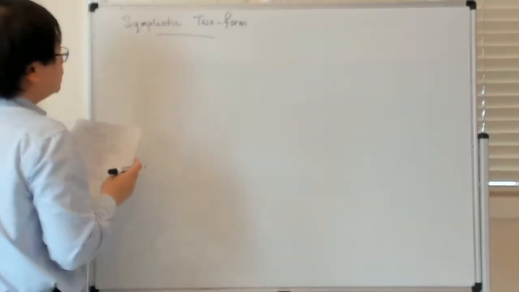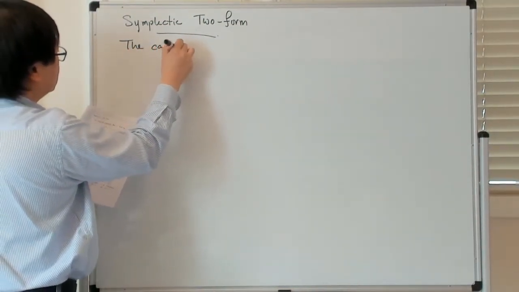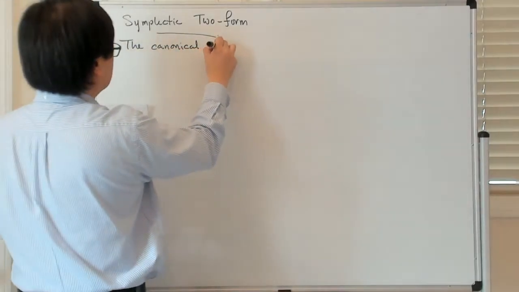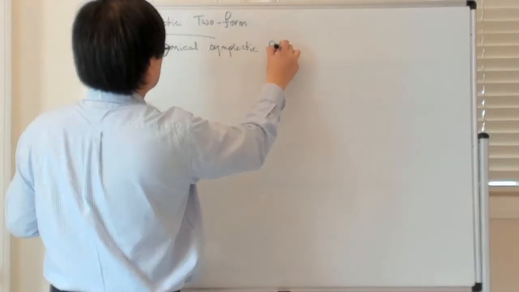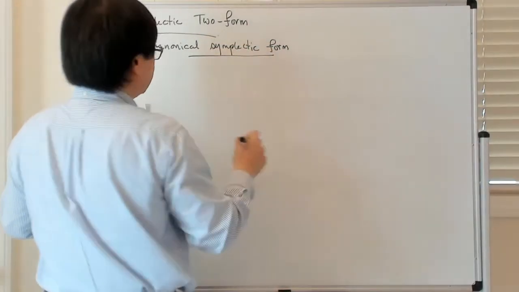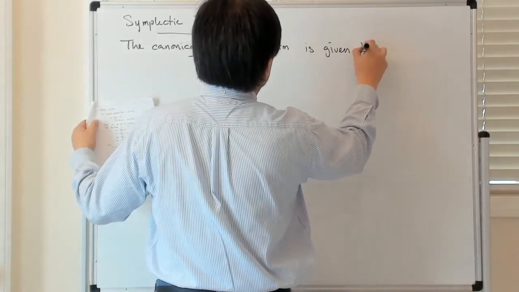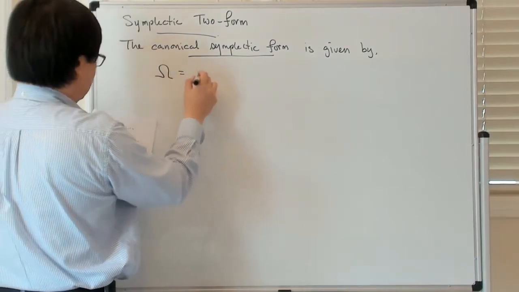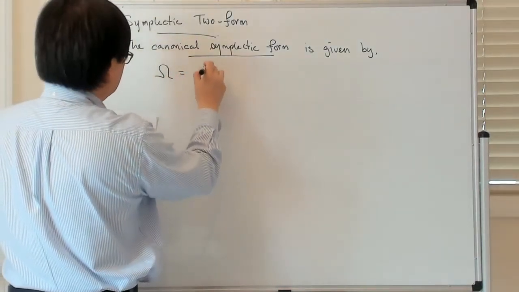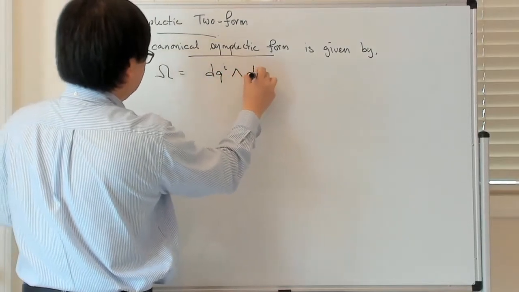All right, so the canonical symplectic form is given by the following. It's denoted by omega, and it's equal to dq^i wedge dp_i.